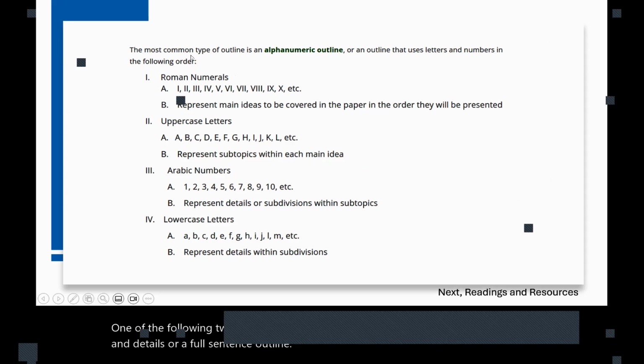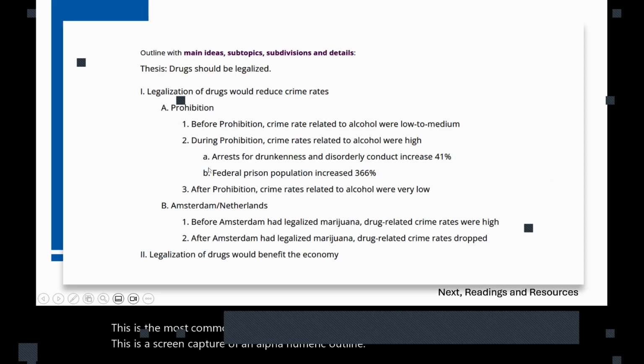This is the most common type of outline. It's called an alphanumeric outline. This is a screen capture of an alphanumeric outline. Another screen capture.